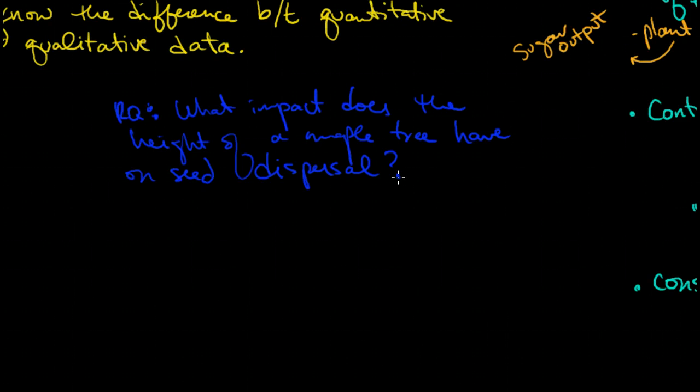So in other words, how does the height of a tree affect how far the seeds spread off of the tree? Now I do have some background knowledge.